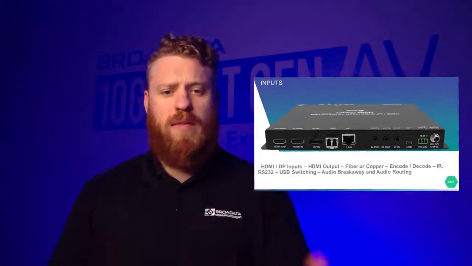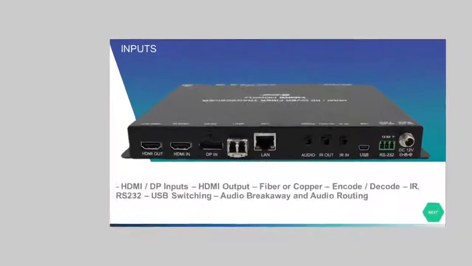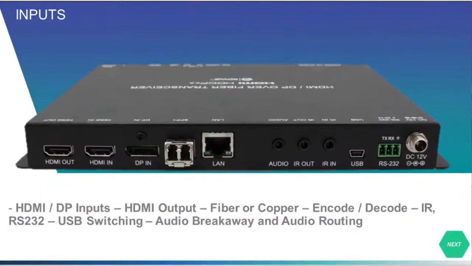Just to talk about the product real quick, there's HDMI connectivity, DisplayPort connectivity. You can see the fiber optic port there. That is for connecting this product into a network system. It can also be copper.